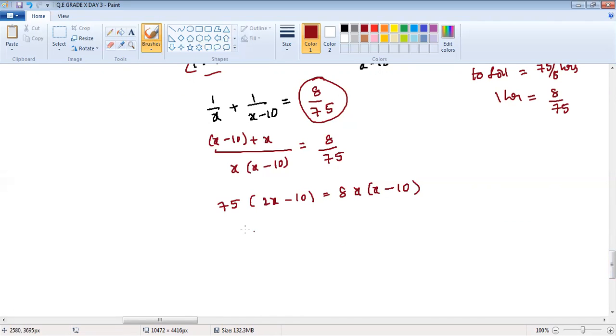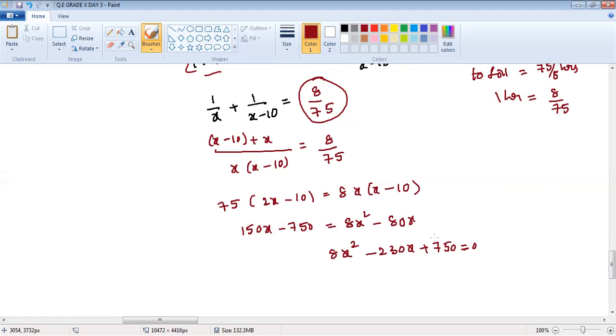So open the bracket: 150x minus 750 is equal to 8x square minus 80x. Then we get 8x square minus 80x minus 150x, which is minus 230x, plus 750.